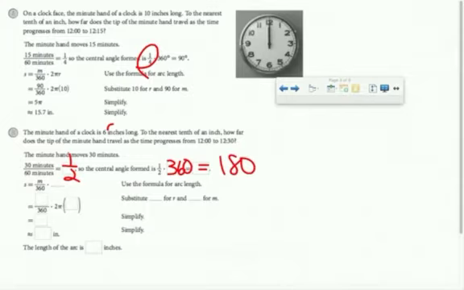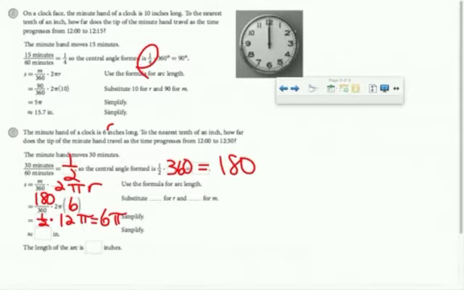And use the formula for arc length. So it's m over 360 times 2 pi r. The arc measure we already saw was 180, so 180 over 360 times 2 pi times 6. So that's 1/2 of 12 pi, which gives us 6 pi.